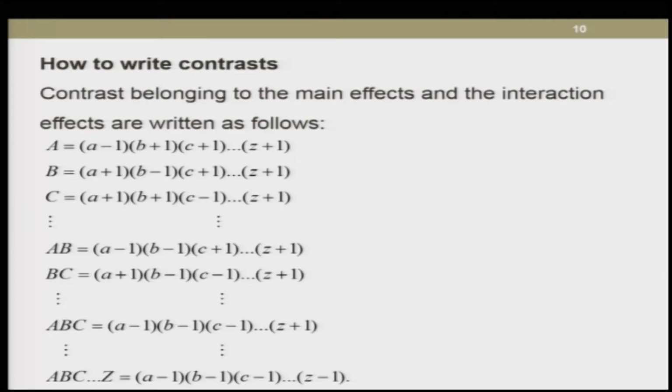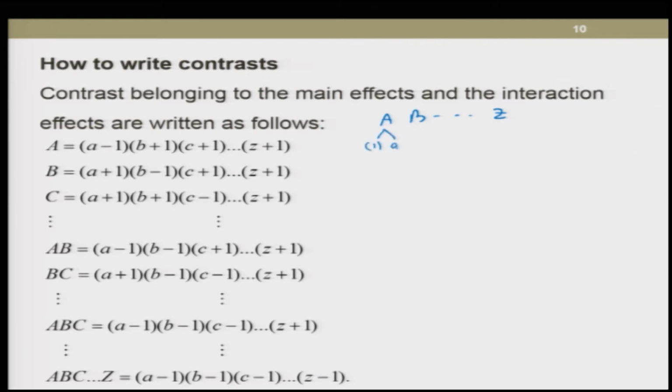So, let us concentrate here on this slide. You can see that I have taken factors A, B, C up to Z. Obviously, this is 2 to the power of n factorial.